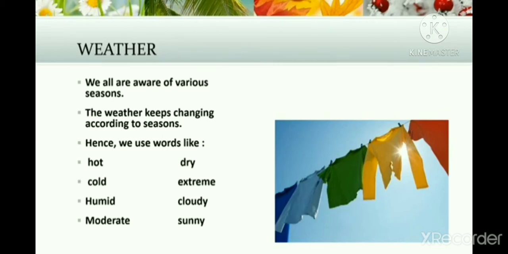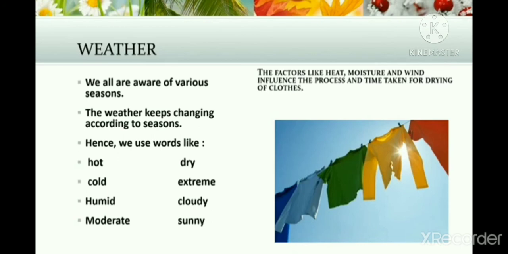Why am I saying this? Because it is also weather occurring at a different place at a different time, which is not similar or constant for a longer time. It keeps on changing, hence it is called weather.